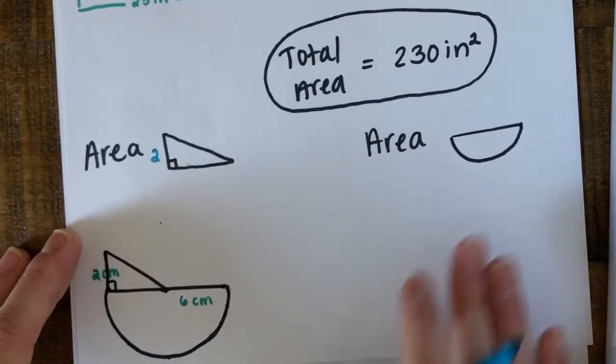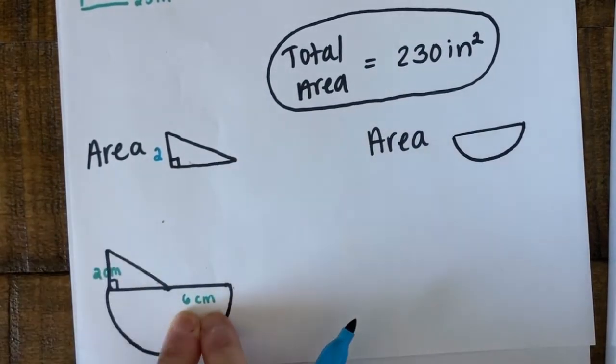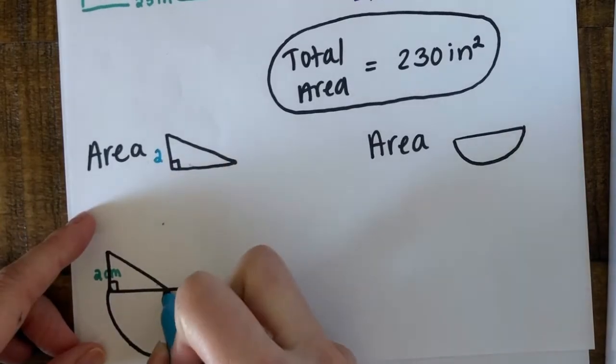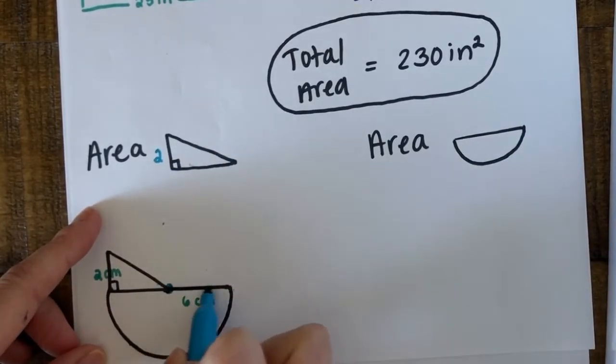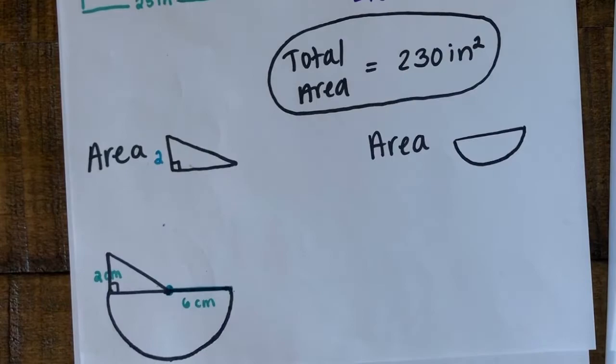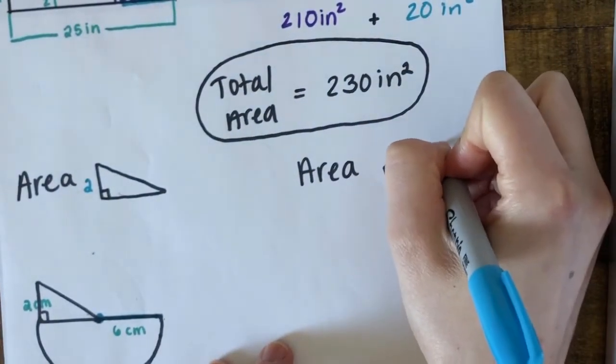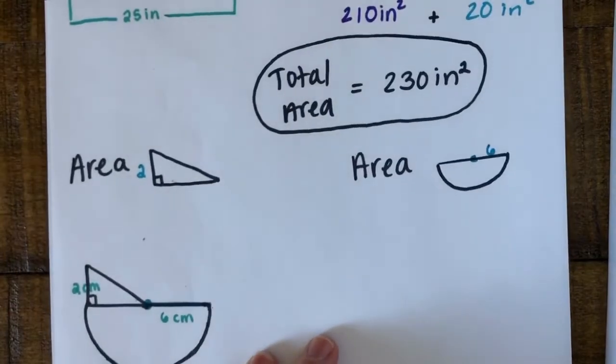And then I'll go over and look at this 6 centimeters. It appears to me that the 6 centimeters is only marked off on this side. I think it's representing the radius of this circle. So the 6 centimeters is going to be the radius of the semicircle.